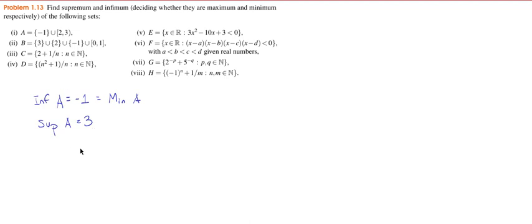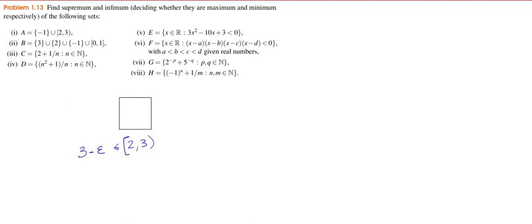If you think about any number 3 minus epsilon, it doesn't matter how small epsilon is, it will belong to this interval, because it's smaller than 3. But the smallest number that doesn't belong to the interval is 3. That's just the definition of the open interval. And 3 doesn't belong to A, so A doesn't have a maximum.